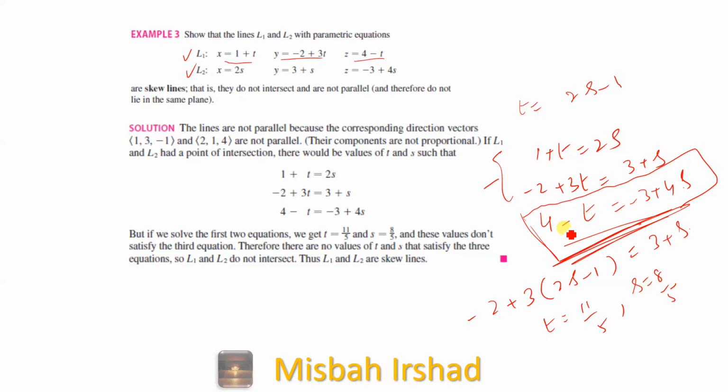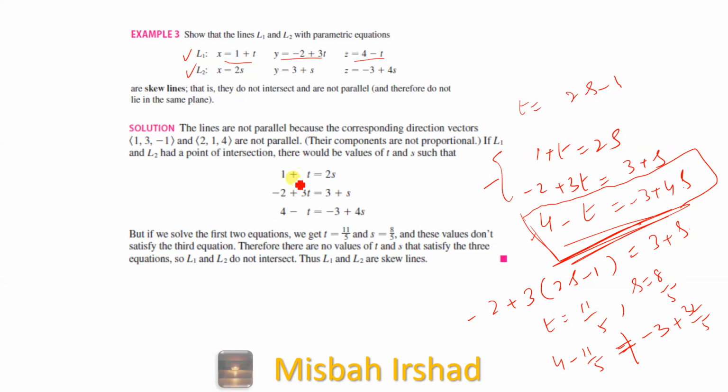If we substitute these values of t and s in the third equation, we have 4 minus 11 over 5, and negative 3 plus 32 over 5. These two are not equal. So it means these two lines do not intersect.